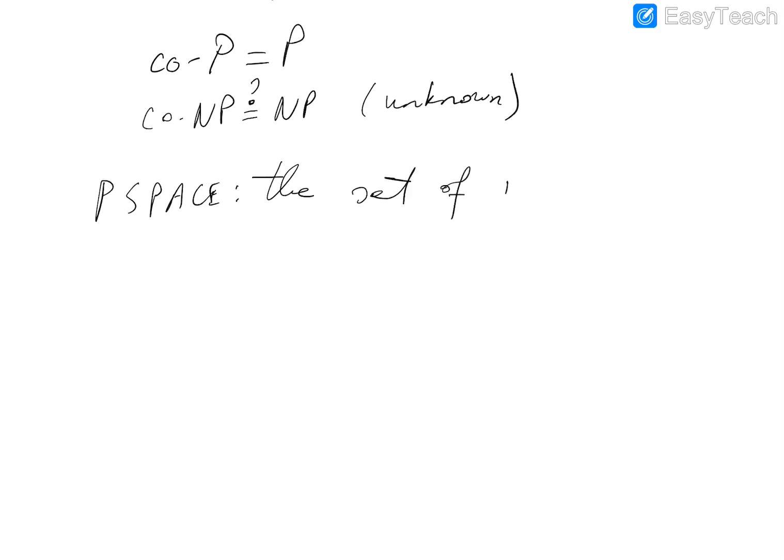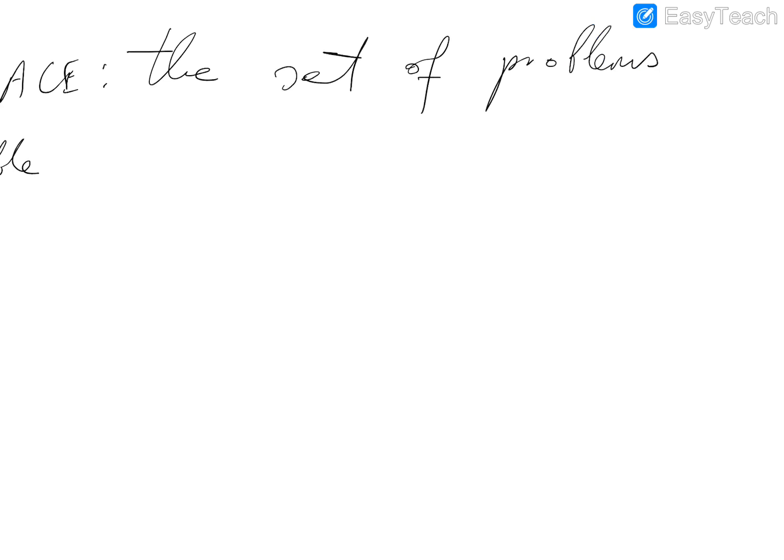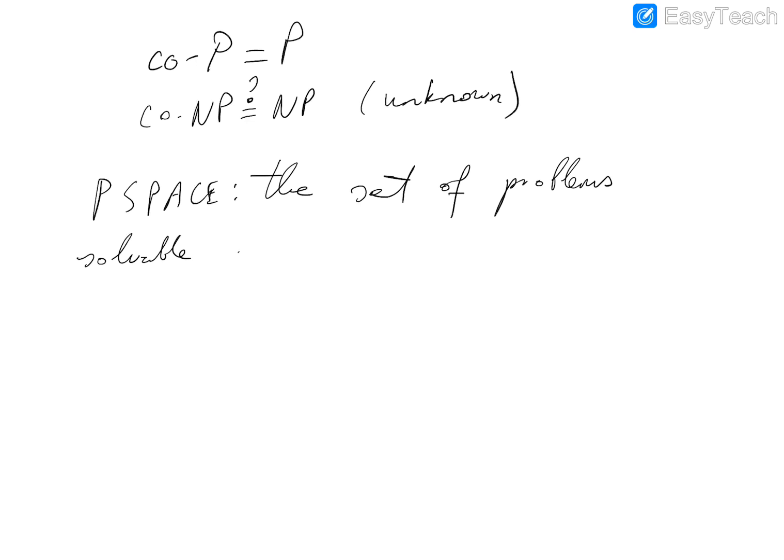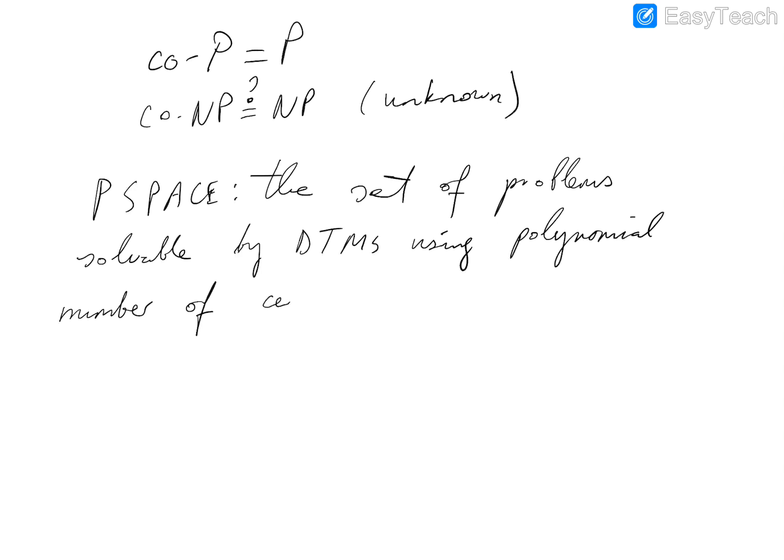The set of problems solvable by deterministic Turing machines using a polynomial number of cells with respect to the input size.